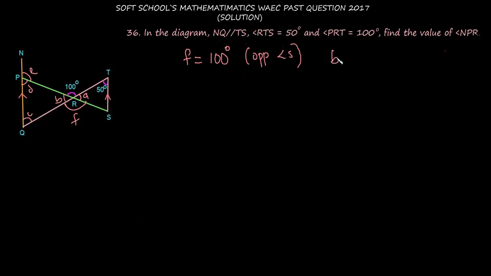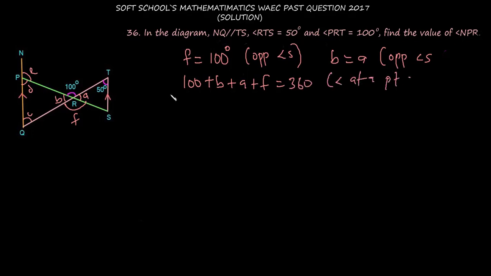We can also say B is equal to A for the same reason, opposite angles. This is angle at a point, so 100 plus B plus A plus F is equal to 360, angle at a point.